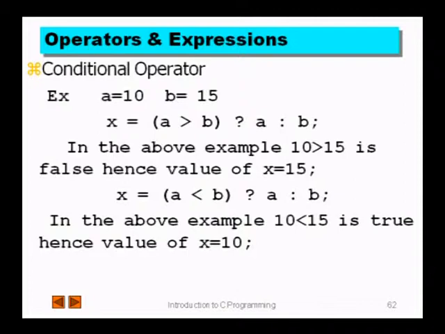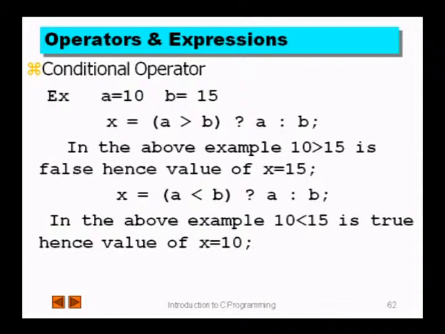So the expression is false, hence B will be evaluated. 10 is not greater than 15, it is less than.